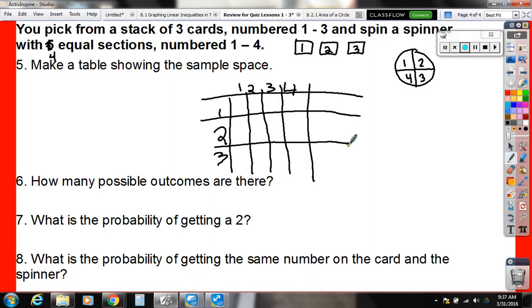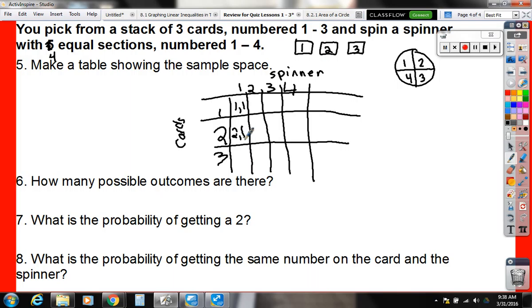Okay, thank you, Hannah. So now we look at what all of our possible combinations are. These are our cards. This is our spinner. We could pick a 1 on a card and spin a 1 on the spinner. So we could have 1 and 1. We could pick a 2 on a card and a 1 on the spinner. So 2 and 1.